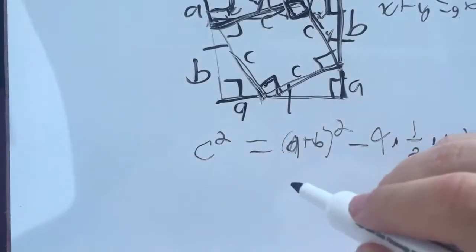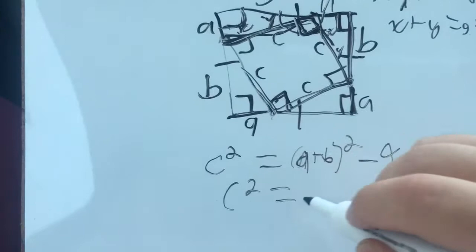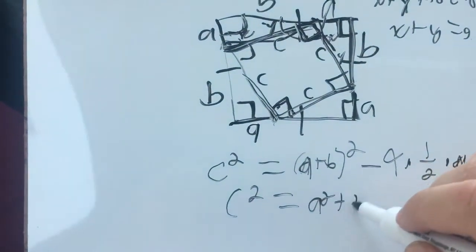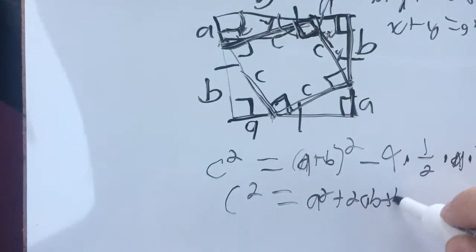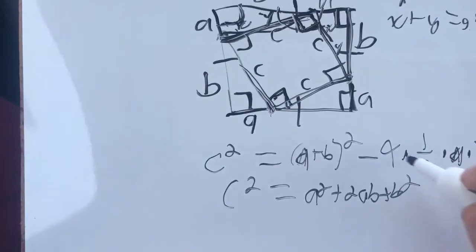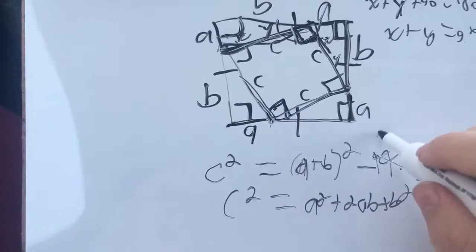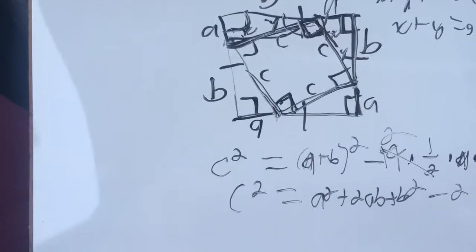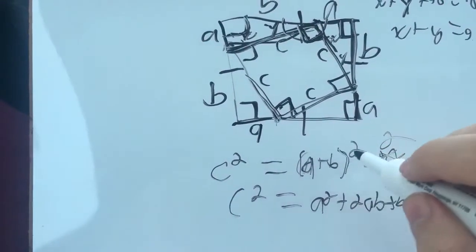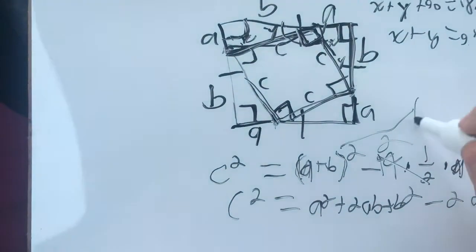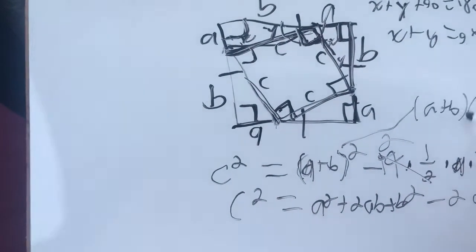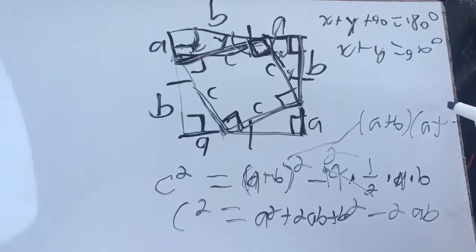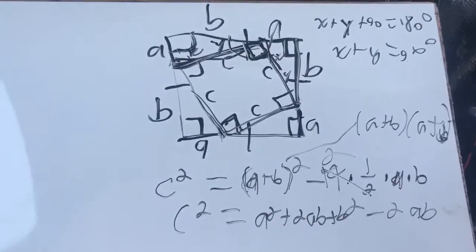Now let's simplify. C squared is equal to A squared plus 2AB plus B squared. And this just goes to 2. Minus 2AB. And I just foiled this. This right here is just A plus B, like that.